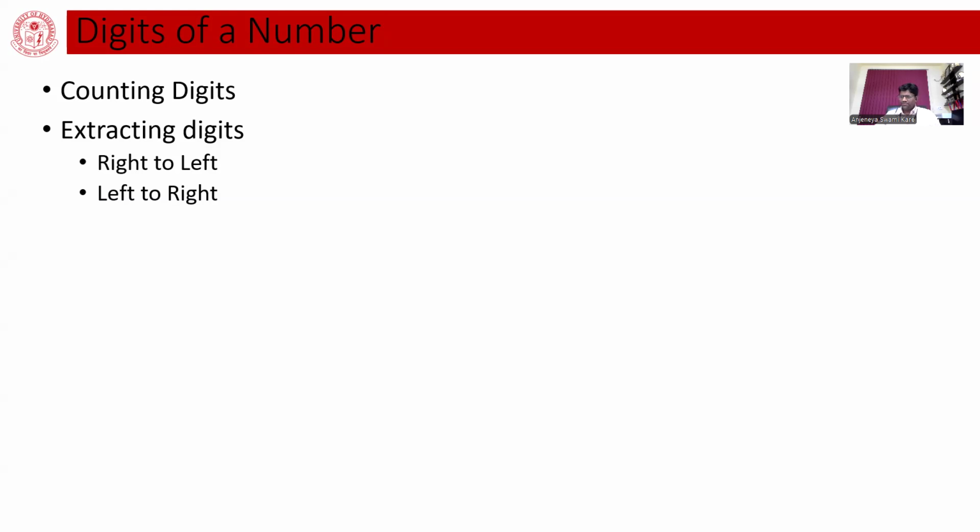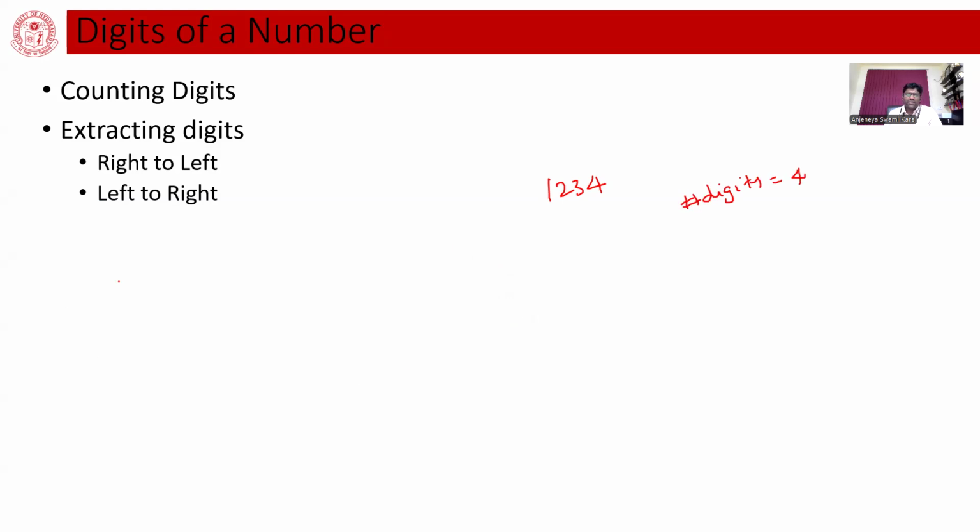For example, if you have the number 1 2 3 4, how many digits does it have? The number of digits is equal to 4.